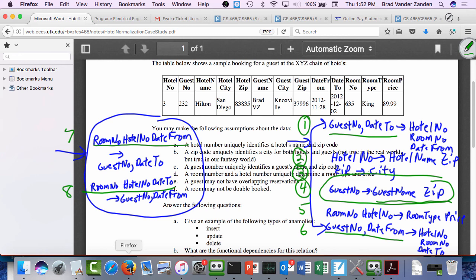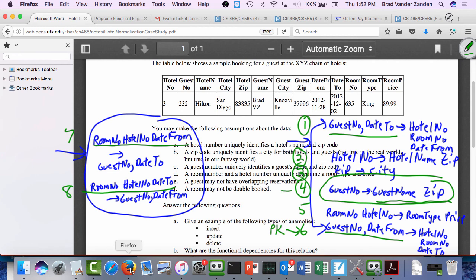So, given that, what are the transitive dependencies? Which numbers? Okay, so 6 was the primary key dependency.